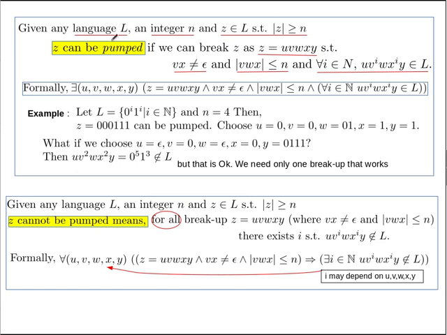So here we are defining pumping, and this pumping depends on this parameter n.